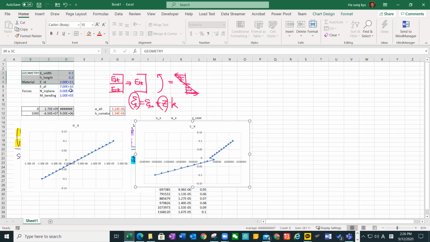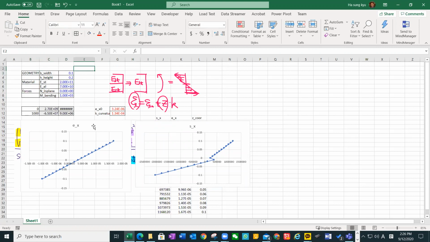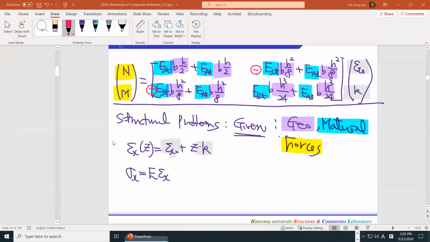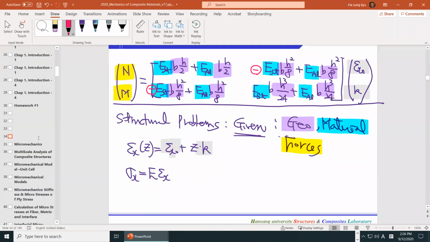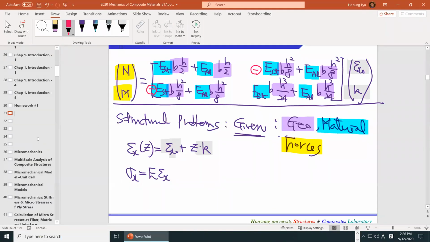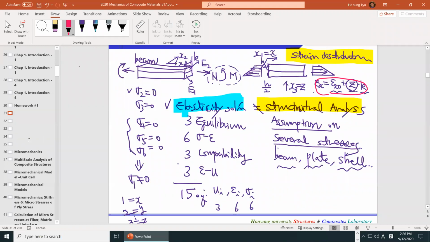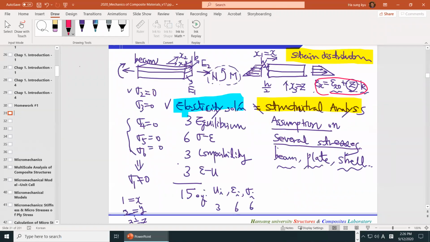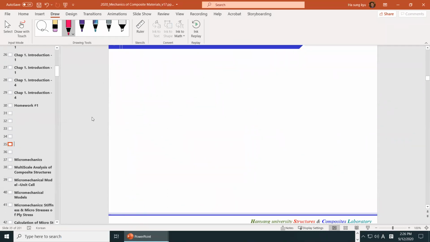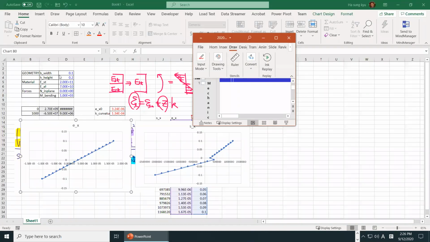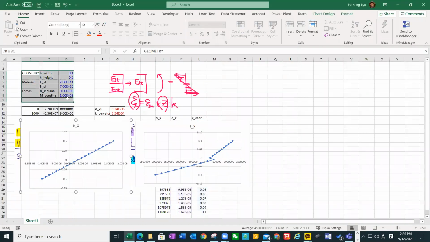And in PowerPoint, when you report as an engineer, we always need to have well documented work. We need to have clear definitions and clear results. So if you program well, all you need to do is just copy and paste.